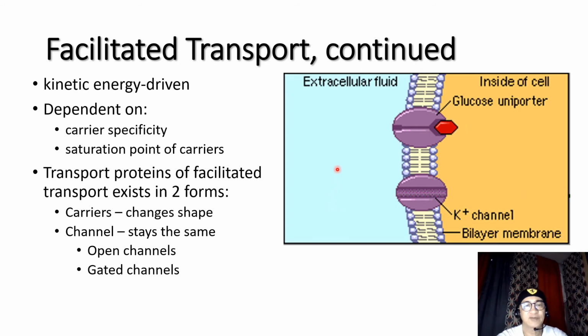The transport proteins in facilitated transport mechanisms exist in two forms, as carrier, as is shown here, and channels. Carriers are distinguished from channels in that they undergo a change of shape or conformational change whenever they are bound with the right solute.